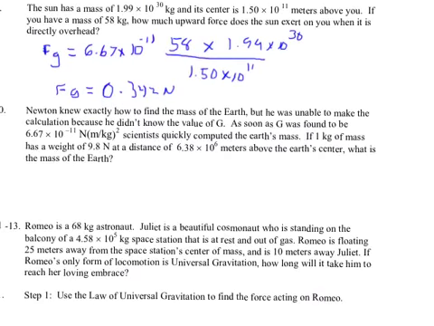Newton knew how to find the mass of the Earth. He just didn't have a way of measuring a little g, a big G rather. So here's how we do it.